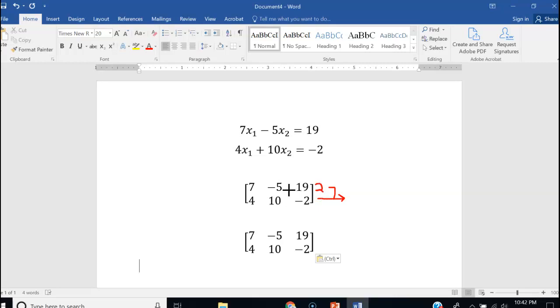Okay, so 2 times this, add it to that. So 7 times 2 plus 4, that's 14 plus 4 is 18. -5 times 2 plus 10 becomes 0. 19 times 2 minus 2 becomes 36.